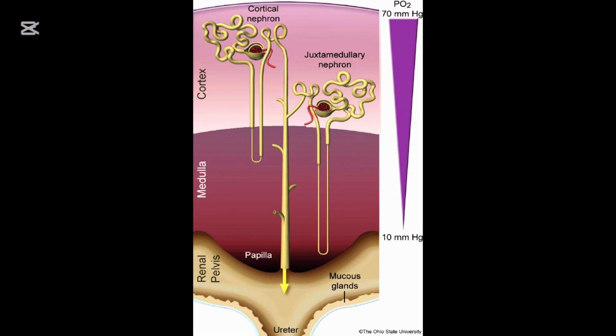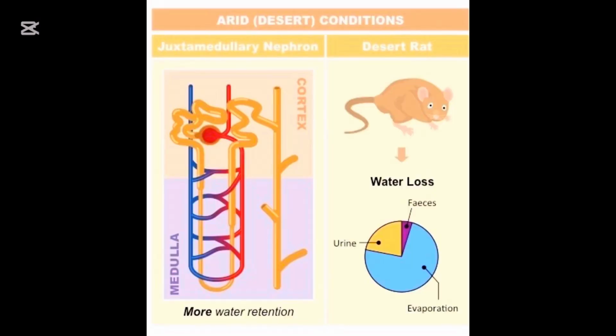So that is why animals with juxtamedullary nephrons are typically those that need to conserve water, and they are especially found in arid or dry environments where water is scarce. So the long loop of Henle helps them reabsorb more water from the filtrate, making their urine more concentrated, and this prevents them from getting dehydrated.